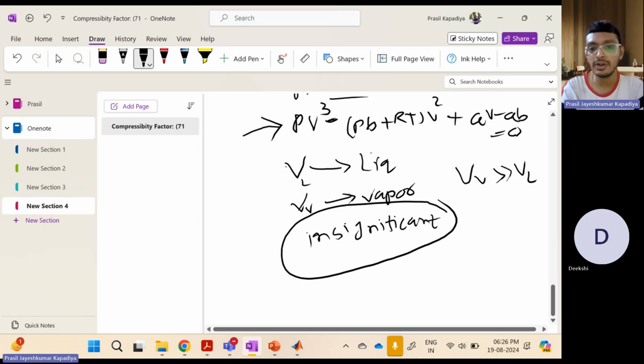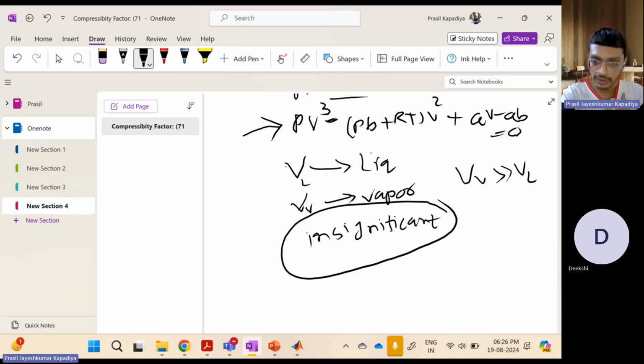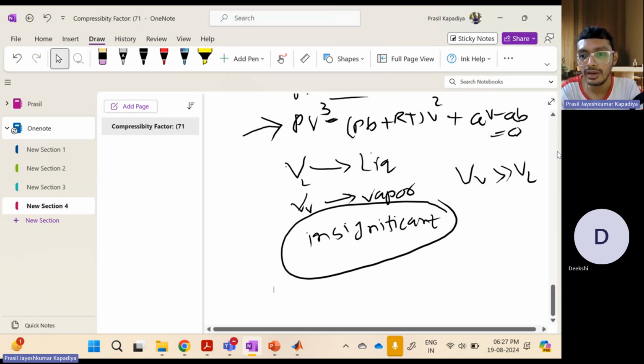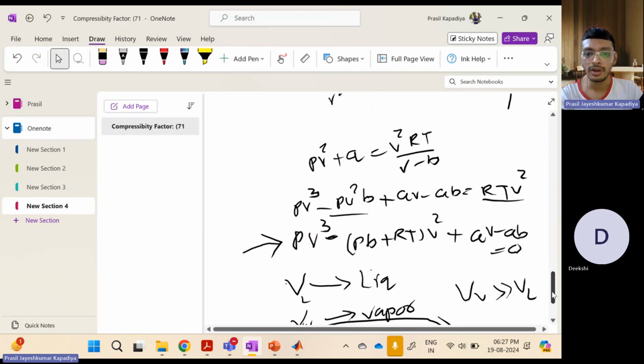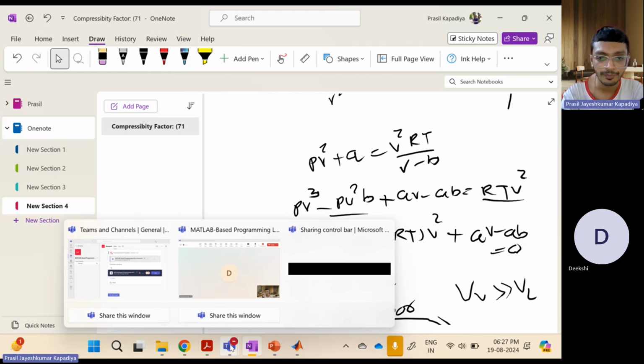So we have two roots, liquid root and vapor root, and we want to solve for the vapor root. Let's write down this equation in cubic form.